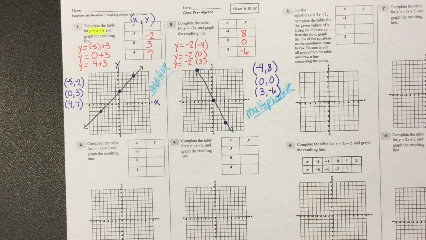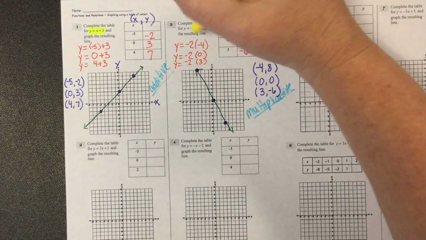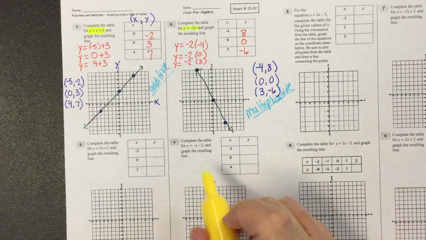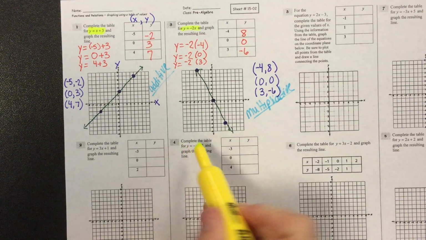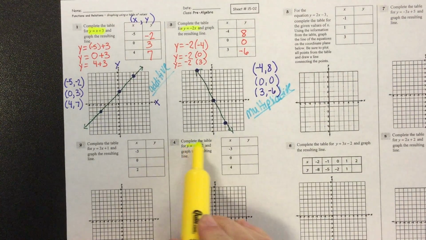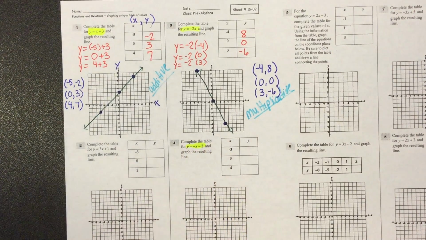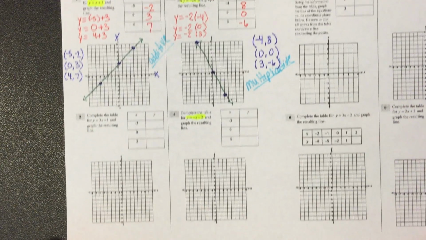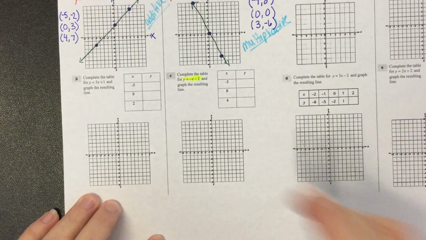So I want to make sure we get to talk about number 4 before the bell rings. All right, it says to complete the table for, sorry, I forgot to highlight that up there. Complete the table for the equation of y equals negative x minus 2. Ooh, this looks hard. All right, let's talk about this for a second.